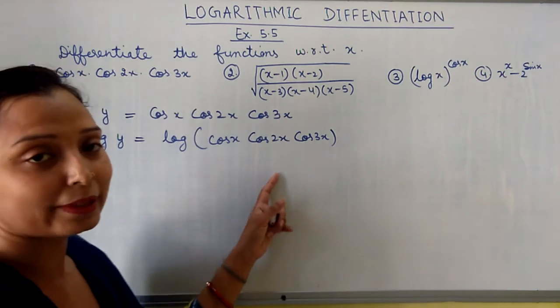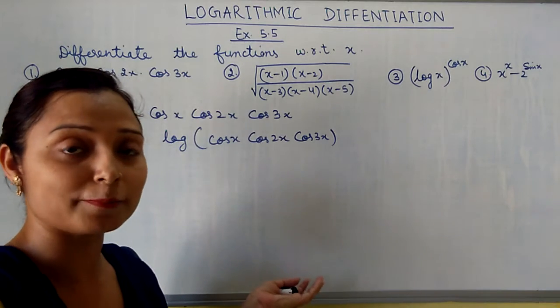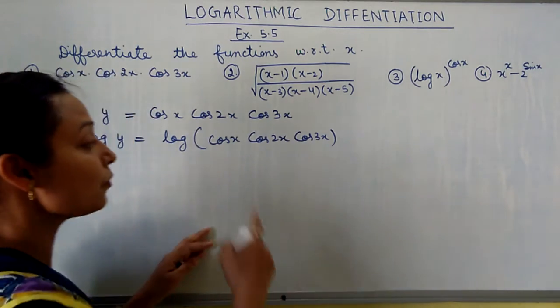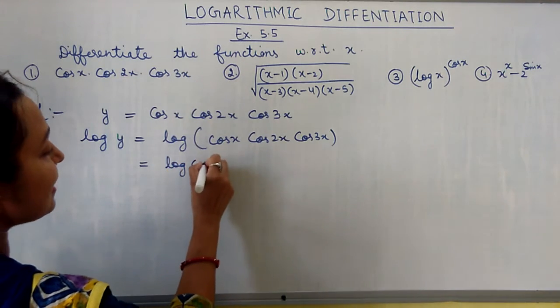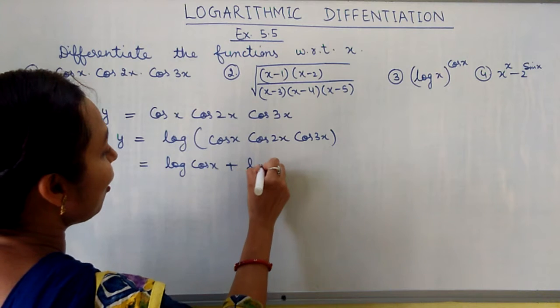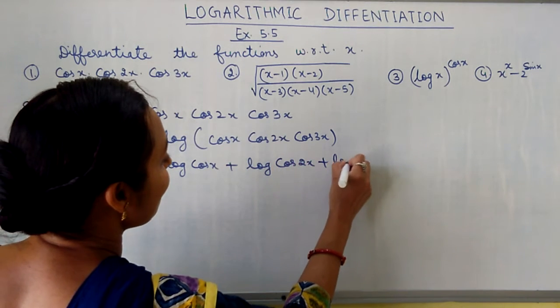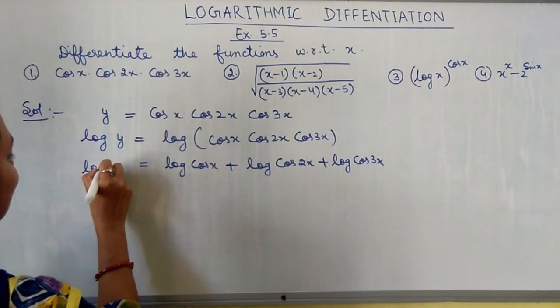Log of a into b is log a plus log b. I have told all the properties of logarithm in the previous lecture. According to these properties, log y is equal to log cos x plus log cos 2x plus log cos 3x.